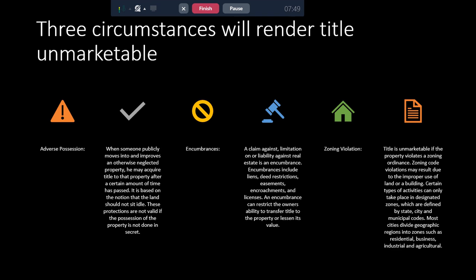Or you say downtown you can only have homes that are 1 story, and you build a 4 story. Those are zoning violations. Those are things that the city or the state says that they cannot have. So those are the three circumstances that will render the title unmarketable: adverse possession, encumbrances, and zoning violation.